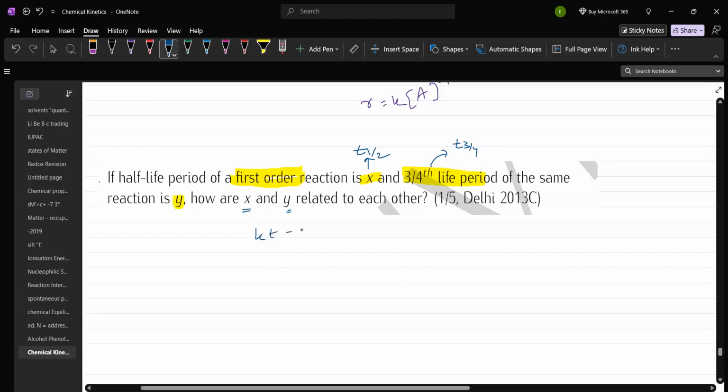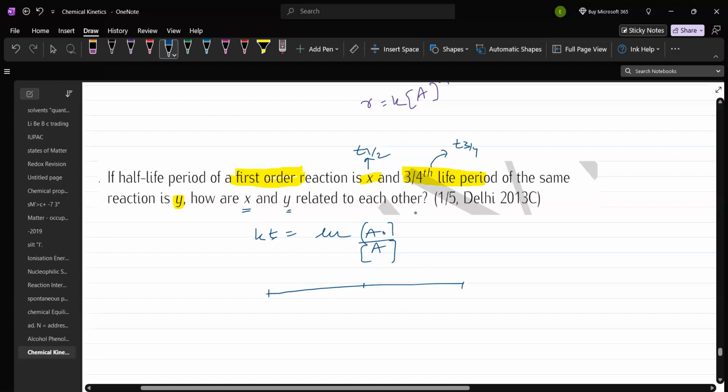Yes, sir. And you have only this formula with you, ln a naught upon a. You have to use this formula and try to solve this question. Let me draw a number line for you so that it is easy to visualize.